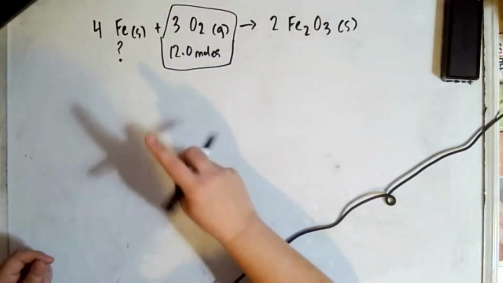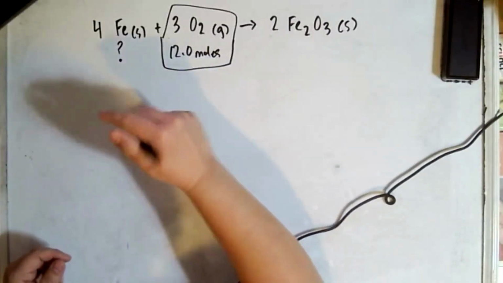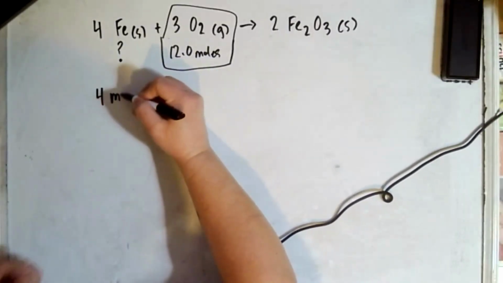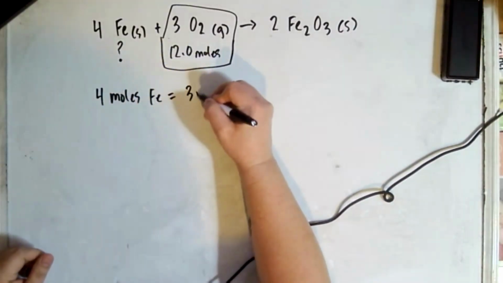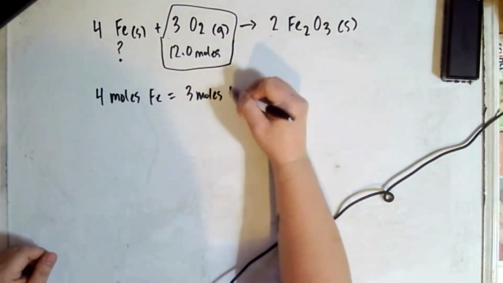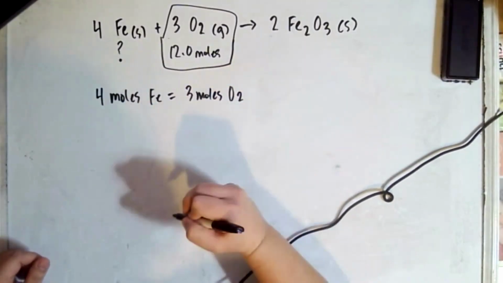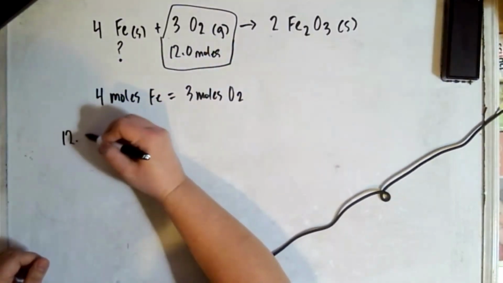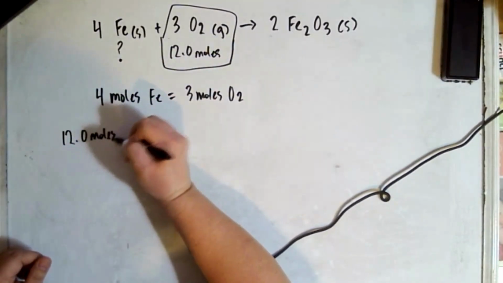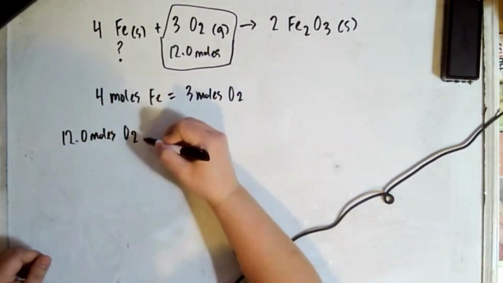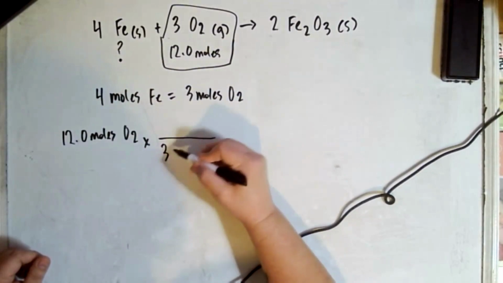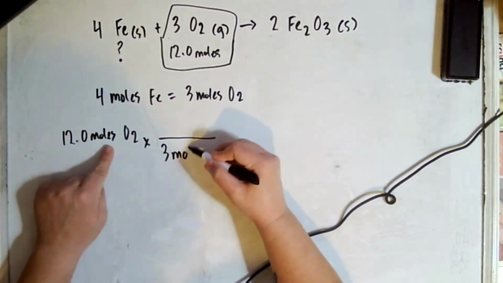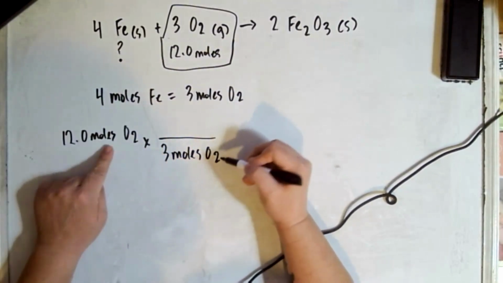So in this case, the two things that we're connecting are the iron and the oxygen. So our equality is going to be 4 moles of Fe equals 3 moles of O2. We start out with our 12 moles of oxygen. Our 3 moles of oxygen are going to go on the bottom so that our oxygen can cancel out.